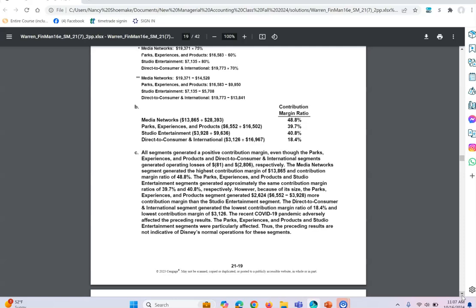The direct to consumer and international segment had the lowest contribution margin and the lowest ratio and the lowest margin. COVID probably harmed that piece.